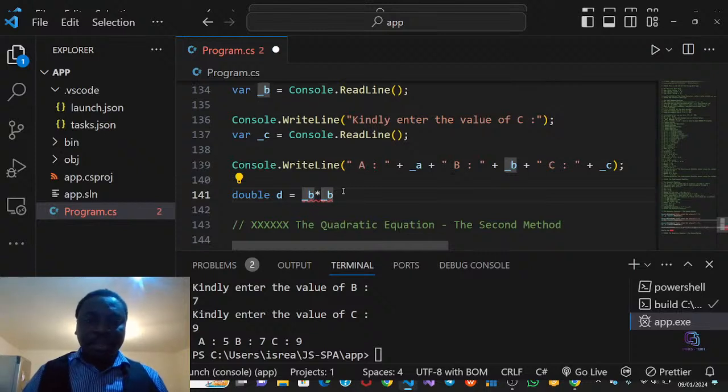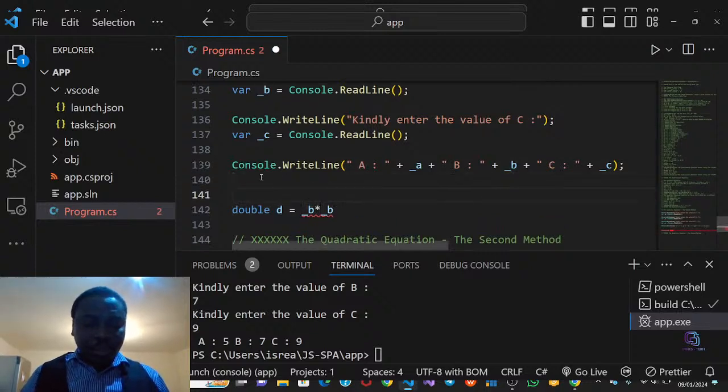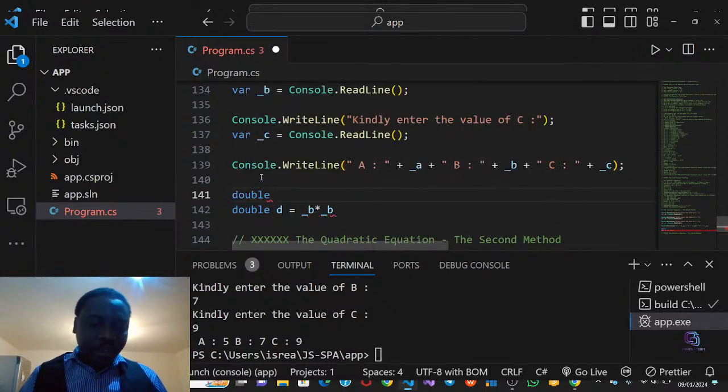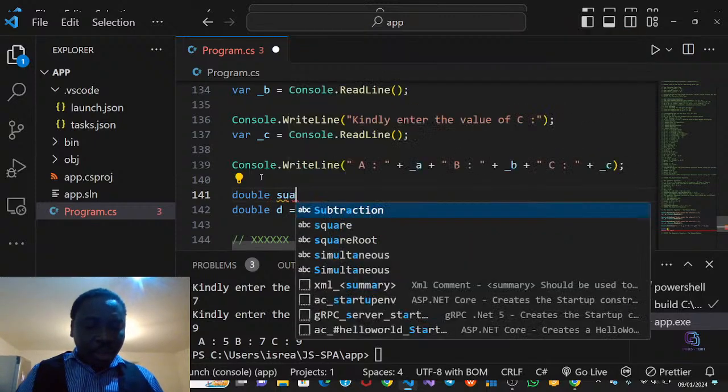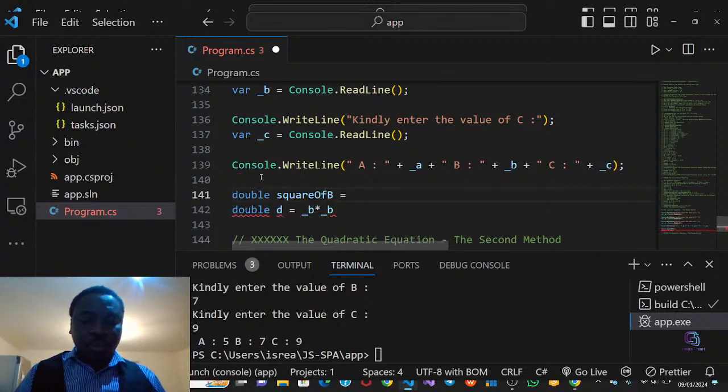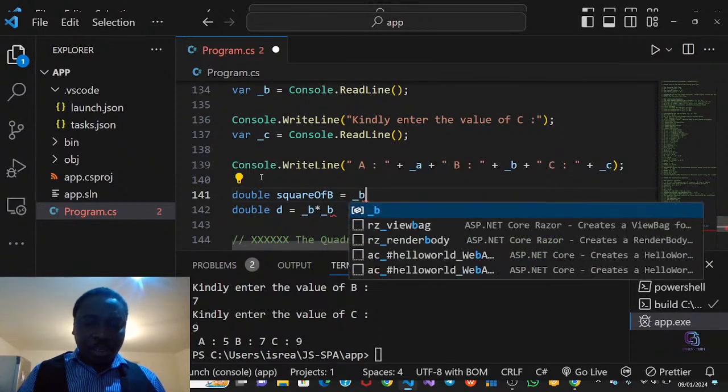So I'll say double square, square of b is equal to, so I'll just say square of b, _b times _b.